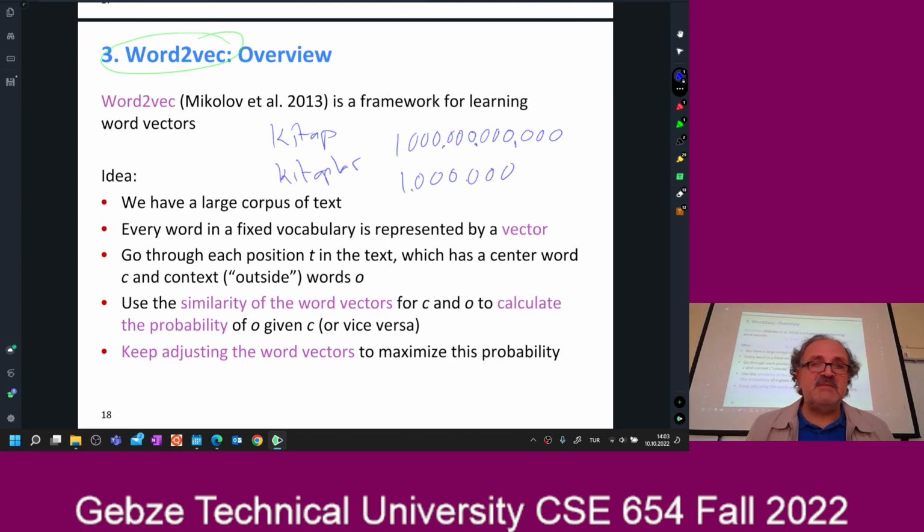I know this, but nevertheless, their vectors will be different. Kitap okudum, kitaplar okudum. They can happen, right? So I can put one vector instead of the other one. So I expect this to happen. Good. So let's see how this word to vec works.